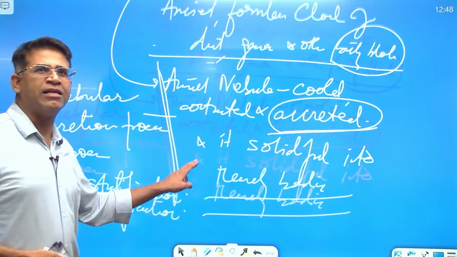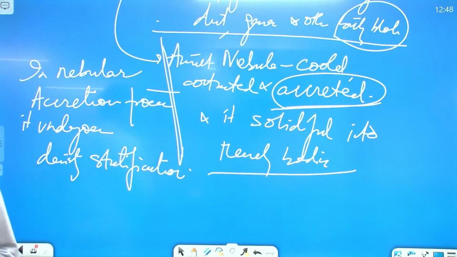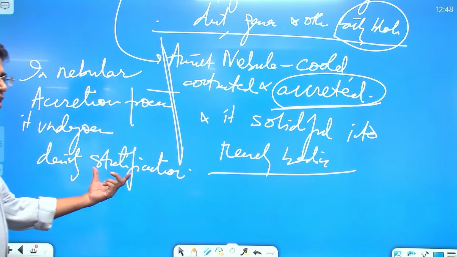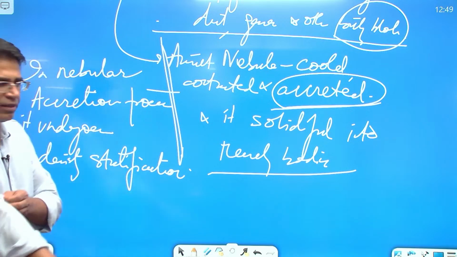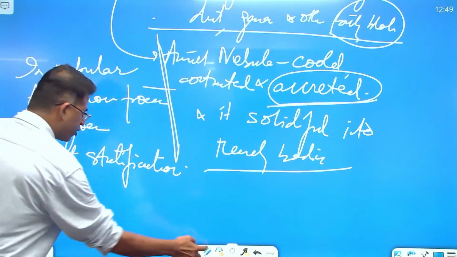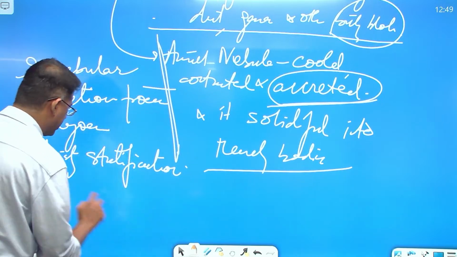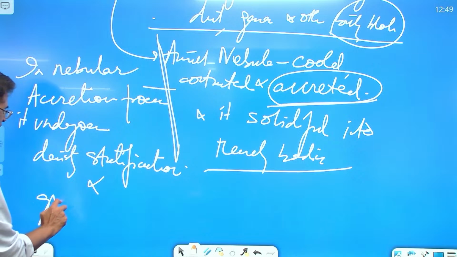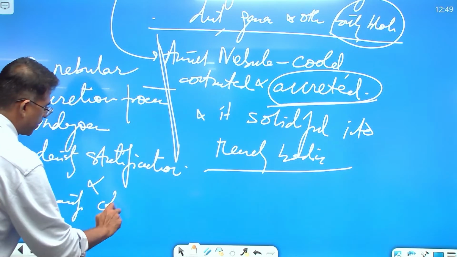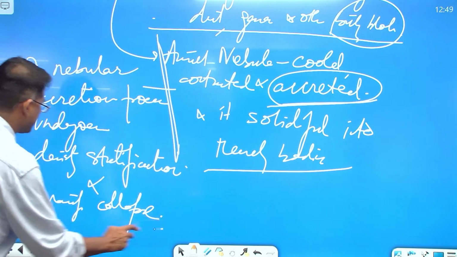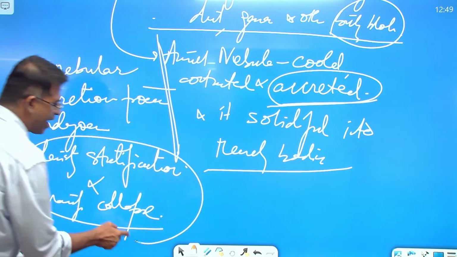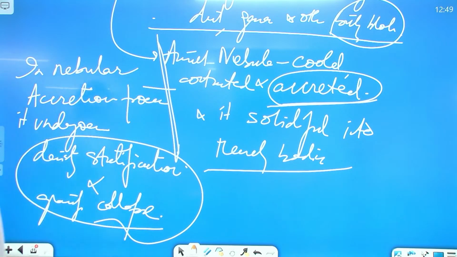The nebula undergoes the process of density stratification. What's the meaning of stratification? It becomes layered. And it undergoes what's called gravity collapse. It undergoes a density stratification and gravity collapse.